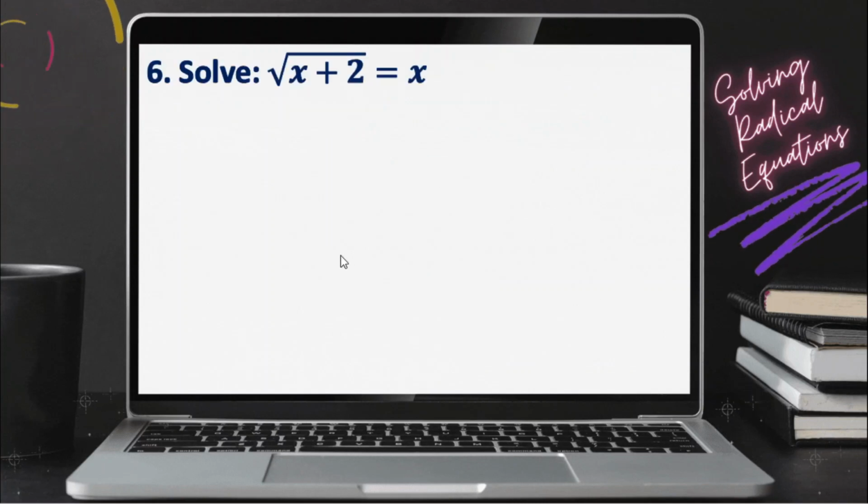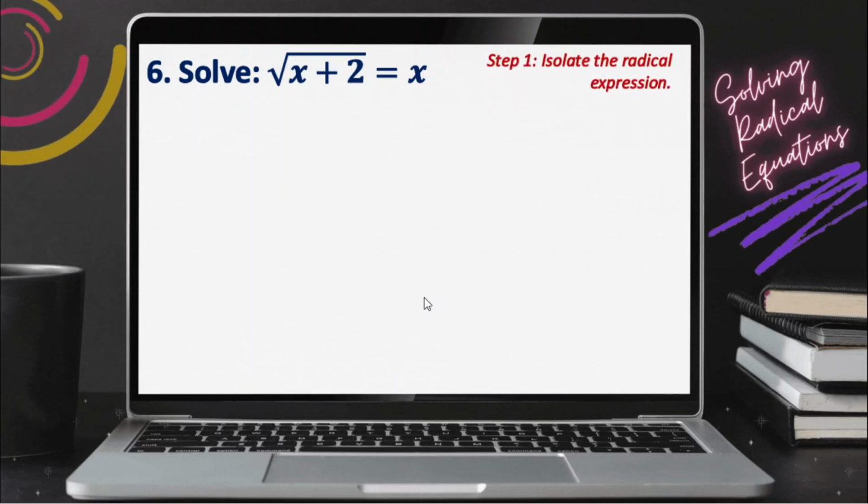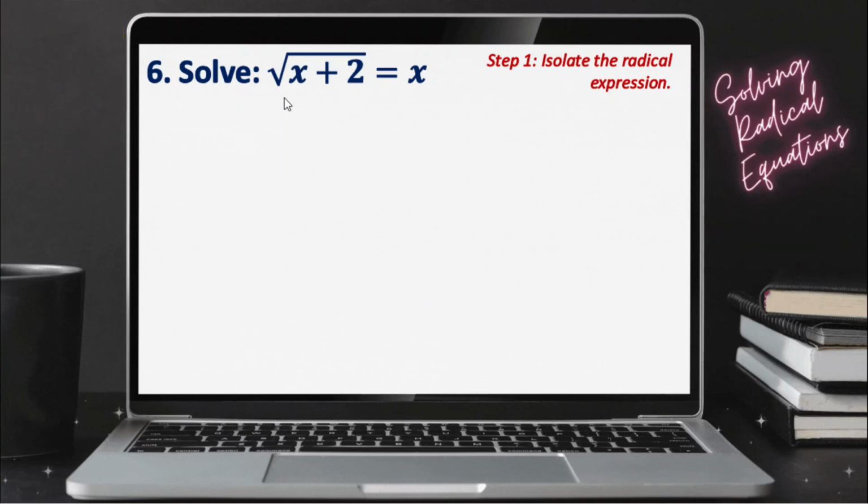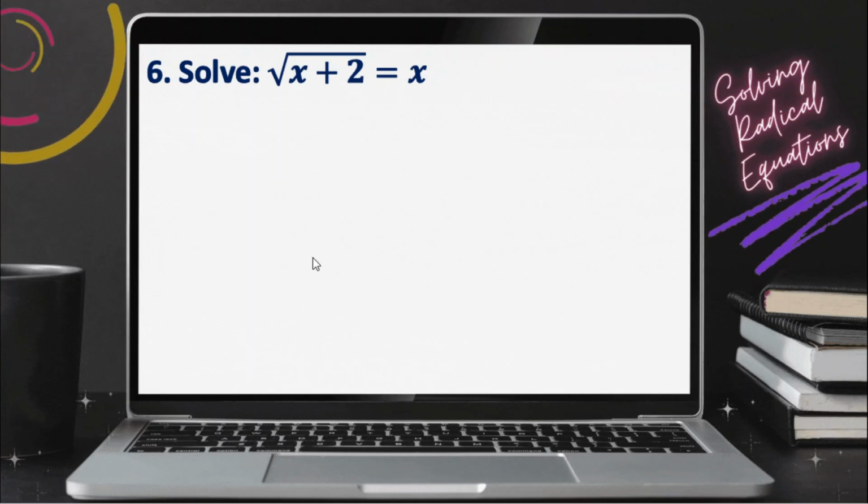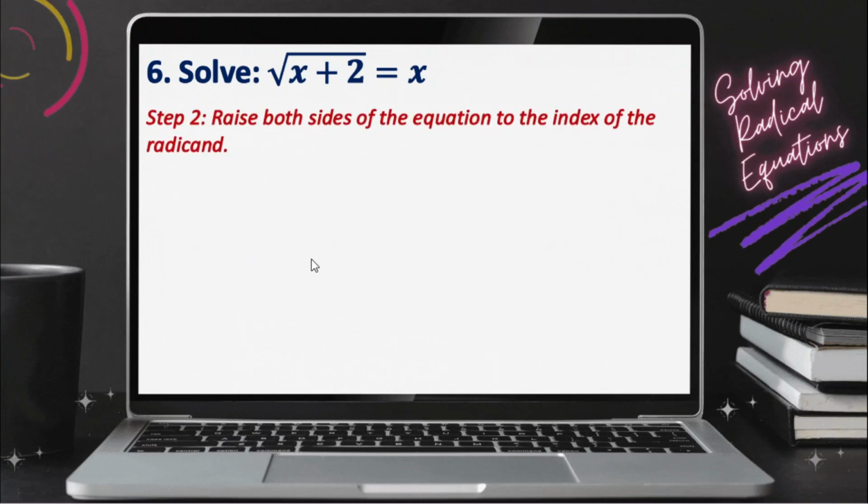Number 6, solve the square root of the binomial x plus 2 is equal to x. Step number 1: our radical expression, the square root of the binomial x plus 2, is already isolated. So, let's proceed to step number 2.